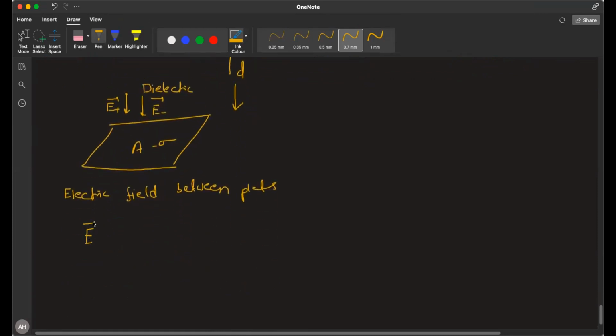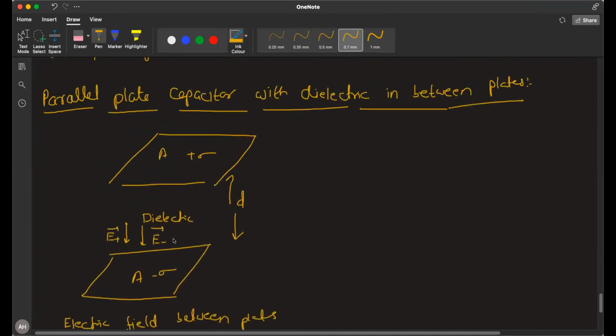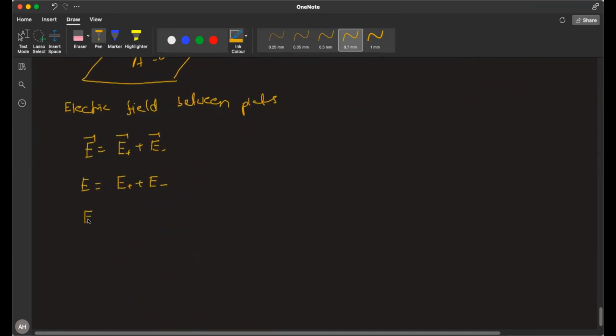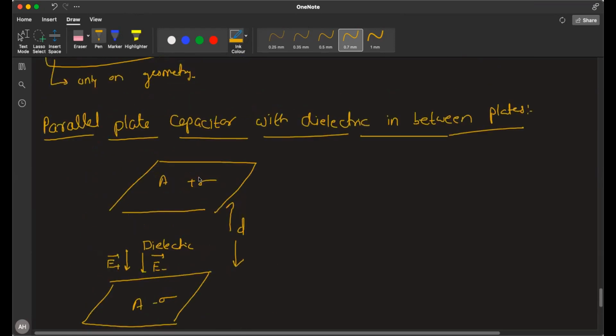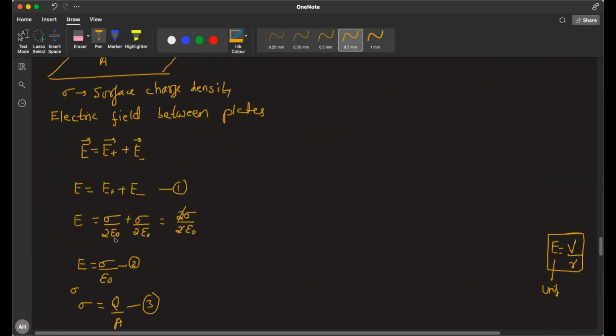Since both fields act in the same direction, you can add them algebraically. So it's E plus plus E minus. E plus is sigma by 2 epsilon naught, and E minus is sigma by 2 epsilon naught. That was for air.